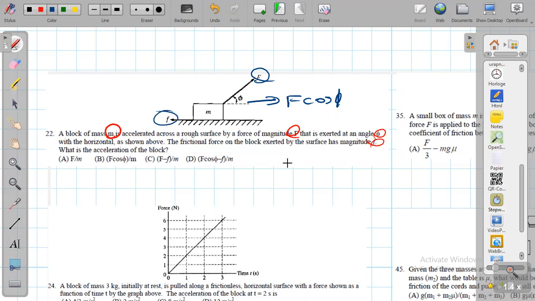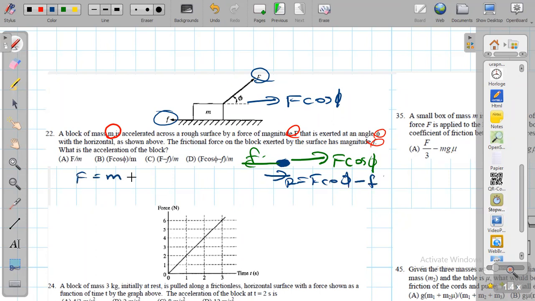So there is a friction when you draw the free body diagram here. Driving force is F cos phi and the frictional force is f. What is the resultant force? The resultant force is F cos phi minus f. And we have to apply F equals ma.